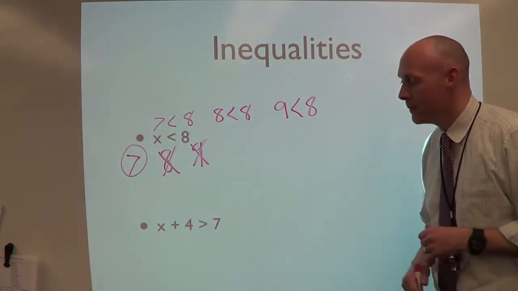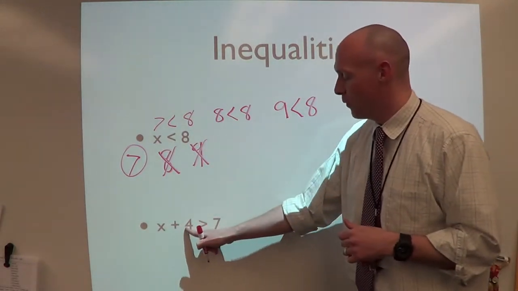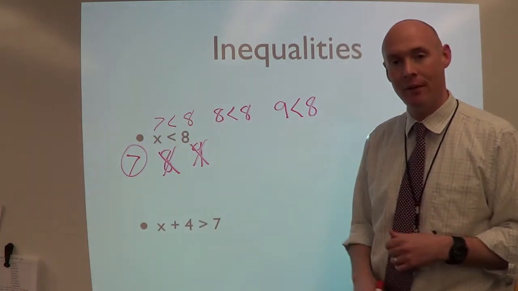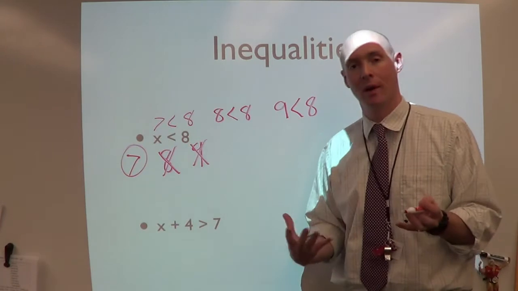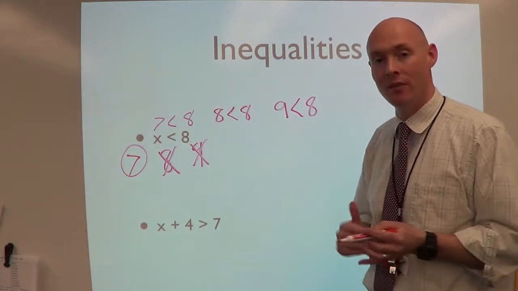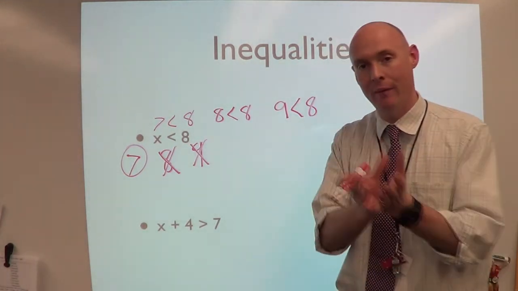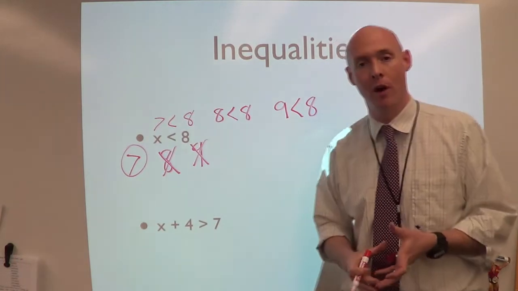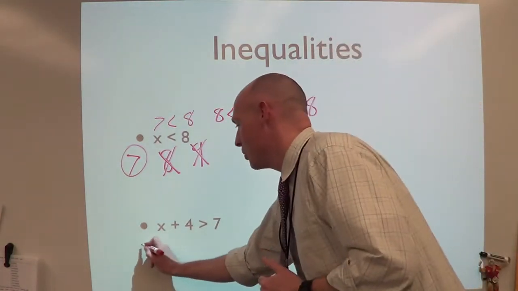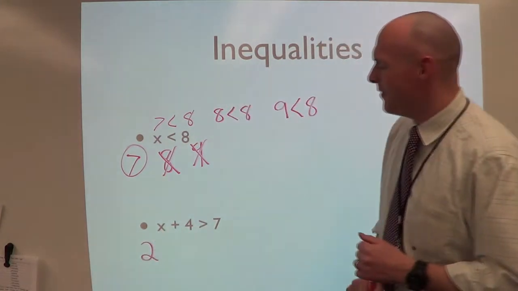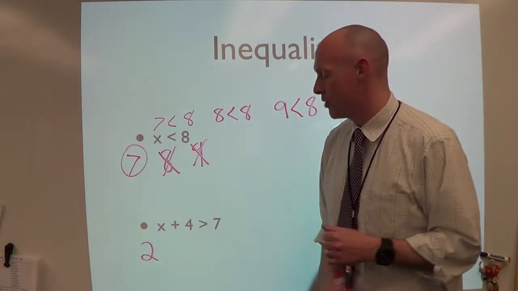Okay, down here. I have x plus 4 is greater than 7. So what we're going to do is we're going to find some numbers for x that could work. Sometimes you'll be given a list of numbers to try. Other times you're going to have to figure out some numbers that will work on your own. And that's what this case is here. So let's pick a number like 2. What if I say x is equal to 2?